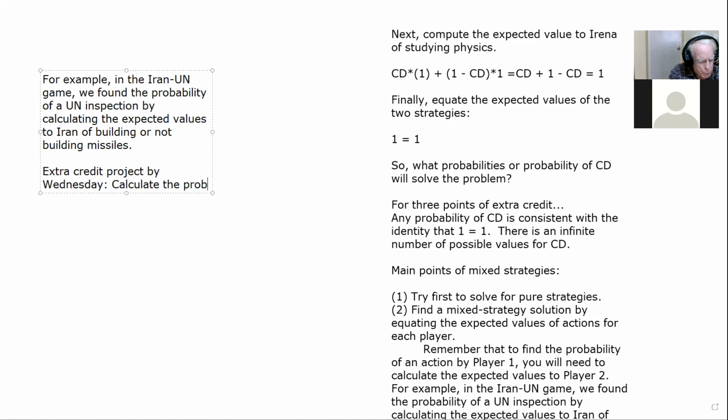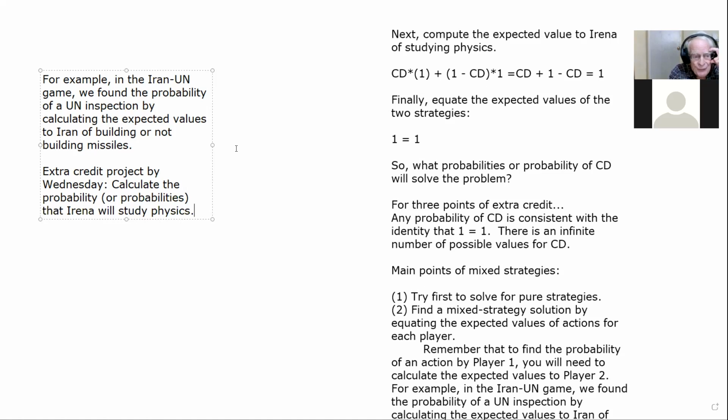Calculate the probability that Urbana studies physics. And that is it on mixed strategies.